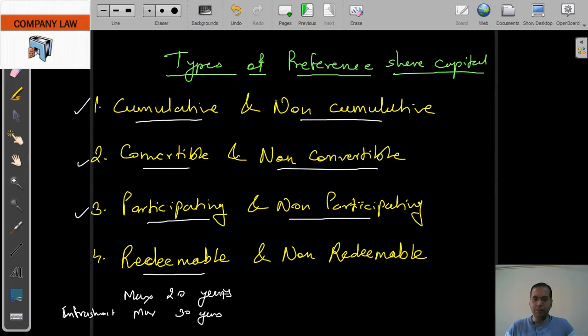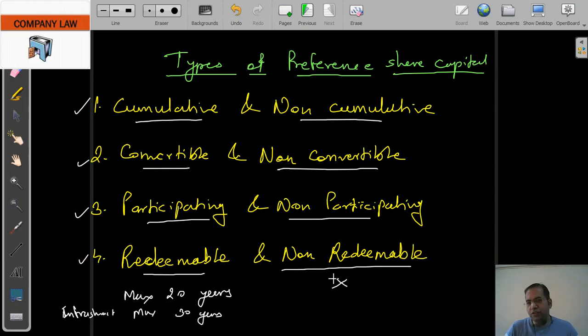So these are the provisions given under the Companies Act for redemption of shares. Now, irredeemable preference shares do not have any maturity period, and are repayable only at the time of winding up of the company. But for your information, this provision has been taken away from the Companies Act 2013.